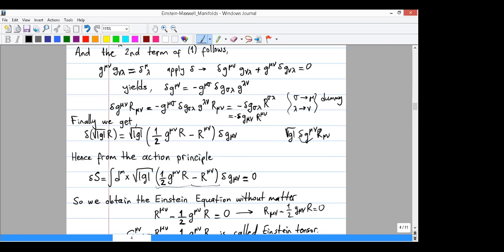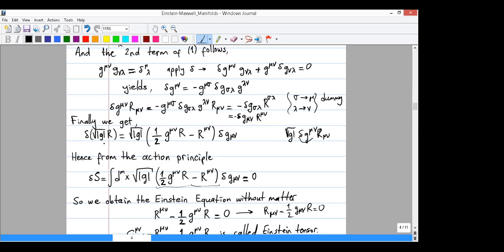Then they just raise the indices of this R mu nu to up. Since these are again summed over, these are dummy indices, so I can change them back to mu nu. So delta G mu nu R mu nu becomes minus delta G mu nu R upper index mu nu. But let's also not forget square root of G.